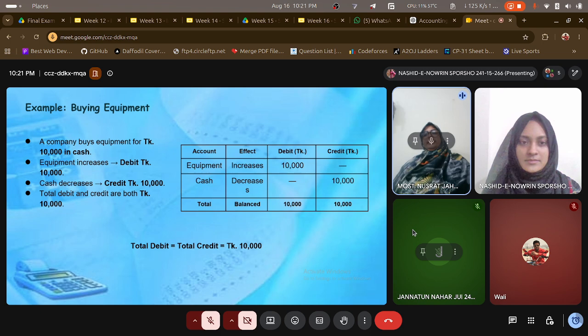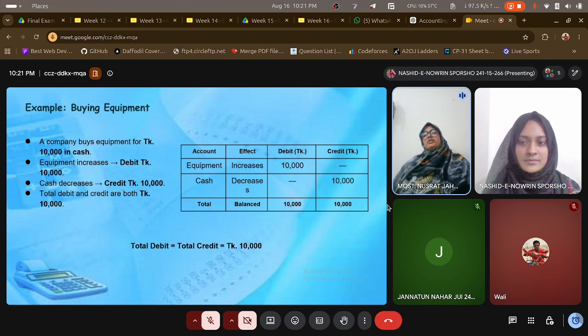Since the equipment increases, according to the debit and credit rules, we debit the equipment account by 10,000. At the same time, the company pays taka 10,000 in cash, so the amount of cash decreases. When an asset decreases, we credit the cash account by taka 10,000.